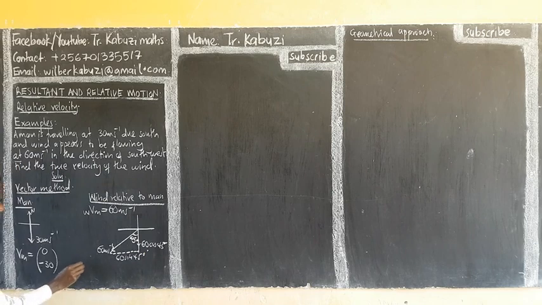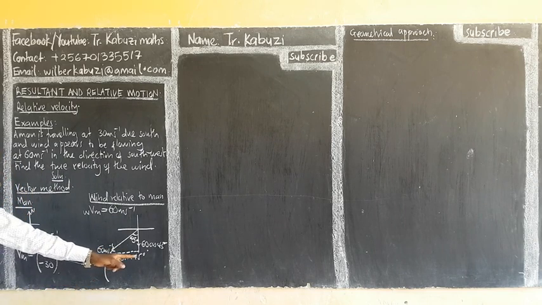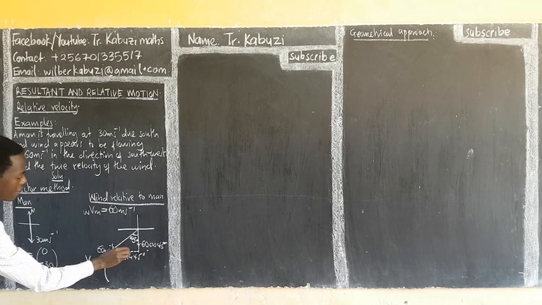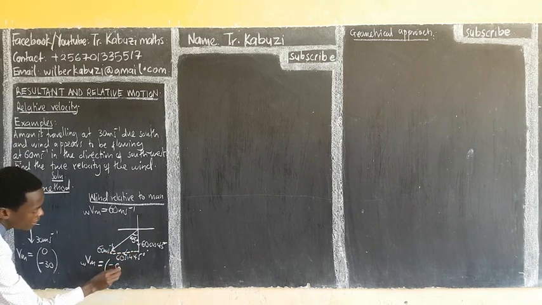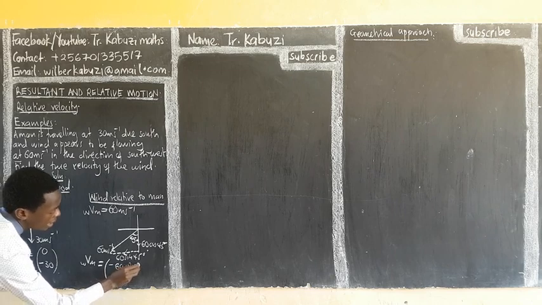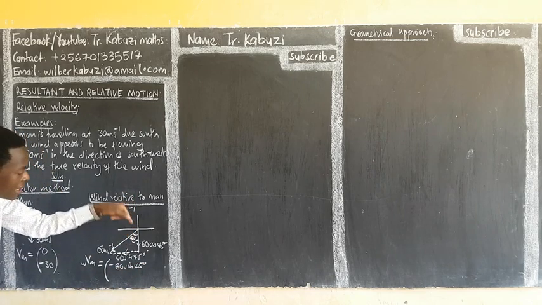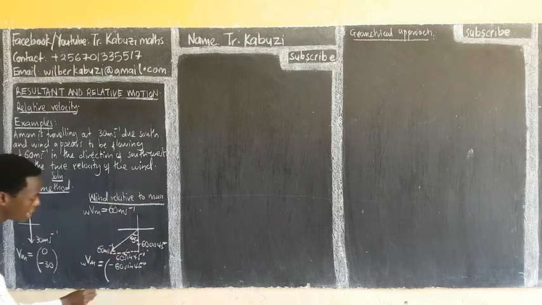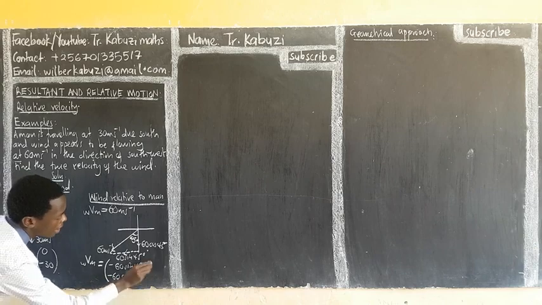So now our V, wind relative to the man, is going to be our x component. You see it's going in the negative, the x component or the horizontal component. So it's going to be negative 60 sine 45. Then this one is also going in the negative, in the vertical component. So negative 60 cos 45 degrees.